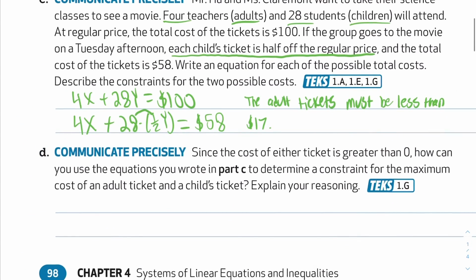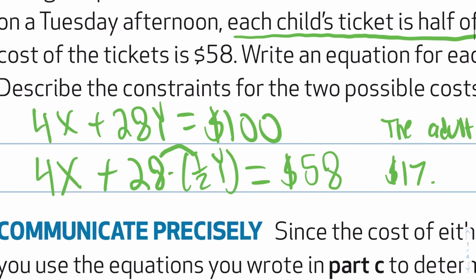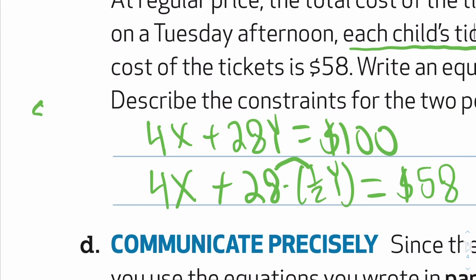So what would be the maximum price for a child's ticket? Let's look here. We have 28y equals $100. So a child's ticket is going to be more than $3. But if we look at the bottom one, 28 times 1/2, that'd be 14, 58. Let's do 58 divided by 14, see what happens.